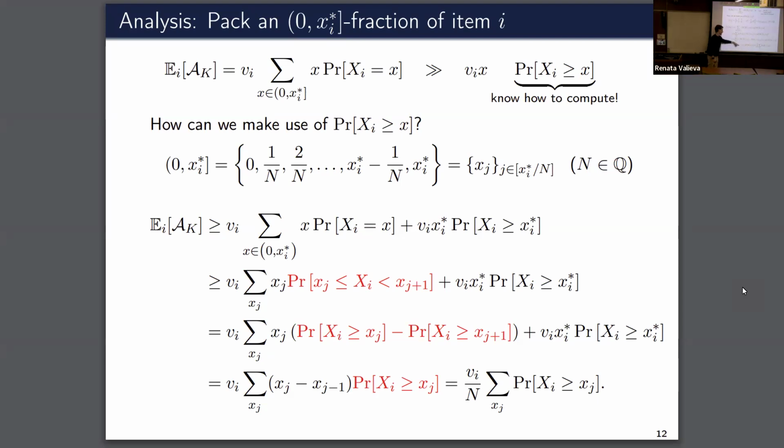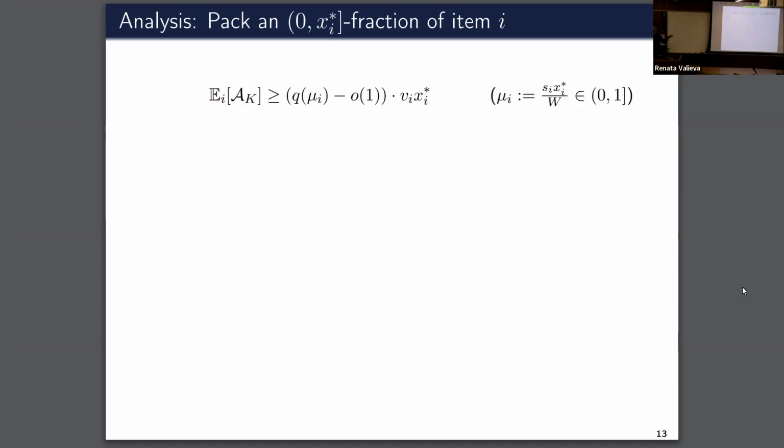Then this difference is 1 over n, and we can plug in the quantity from before there. And when you do this, you can lower bound this whole sum in a closed formula. The expression is a bit long, so I'll show you graphically.